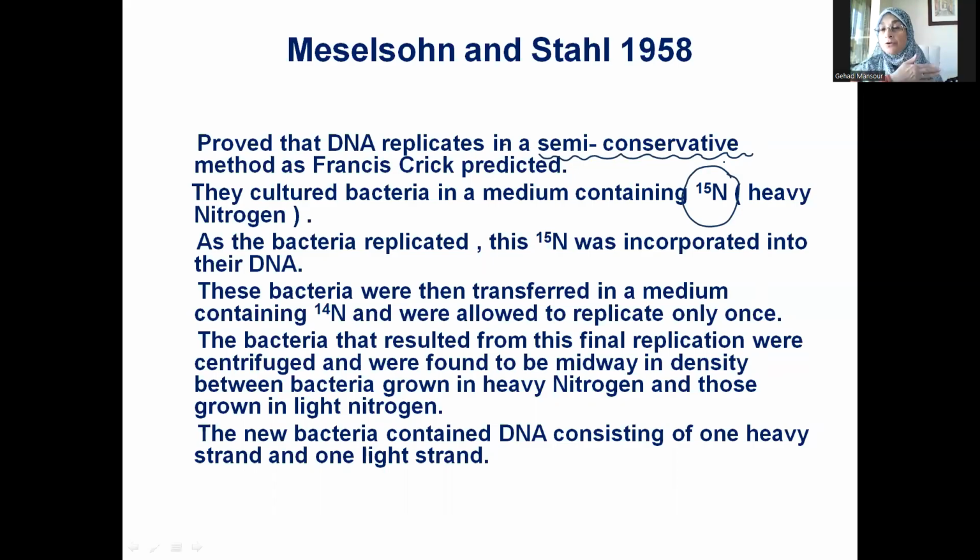So all the nitrogenous bases in DNA, after a big number of life cycles, will contain nitrogen 15. And of course, nitrogen 15 has more neutrons than the ordinary nitrogen, and that's why it is called heavy nitrogen. So the bacteria will be denser than the bacteria with the ordinary nitrogen.